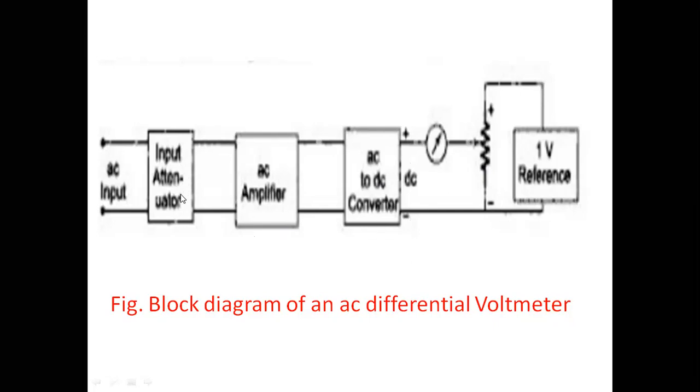The input attenuator reduces the voltage, and we can choose the range. That changed voltage is connected to the AC amplifier, which amplifies the signal by increasing the gain, and that signal is converted from AC to DC by a rectifier.